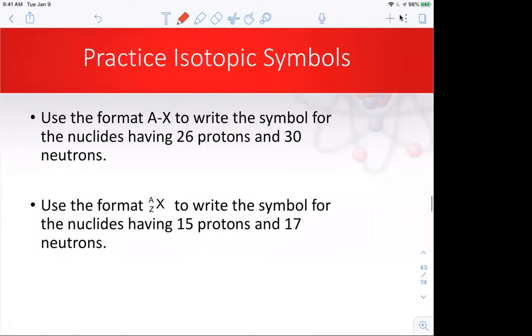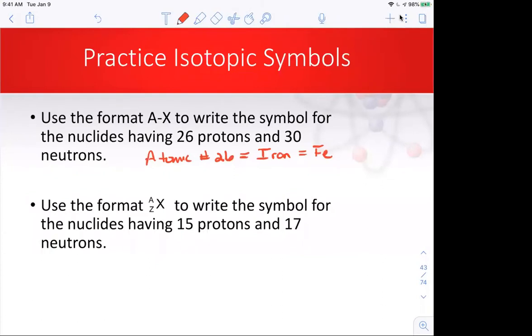So here's some practice. Using the format A-X, write the symbol for the nuclide having 26 protons and 30 neutrons. Well, if I have 26 protons, I'm going to go to my periodic table and look at atomic number 26. What I'm going to find out is atomic number 26 is iron, or Fe.